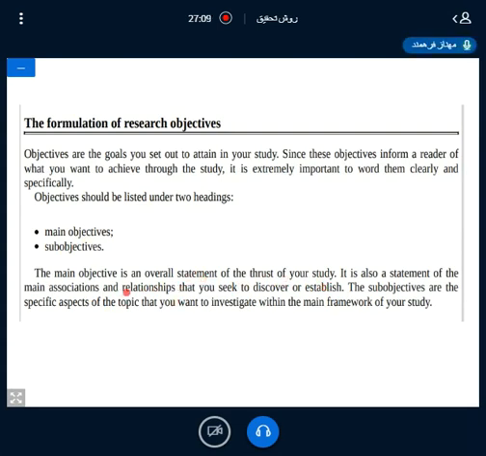It is also a statement of the main associations and relationships that you seek to discover and establish. The sub-objectives are the specific aspects of the topic you want to investigate within the main framework of your study. So we have objectives and sub-objectives. The main objectives are the main goals for us, and then the sub-objectives are the specific aspects of the objectives or the topics.